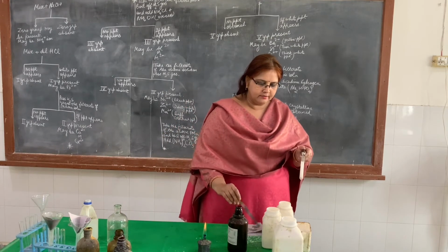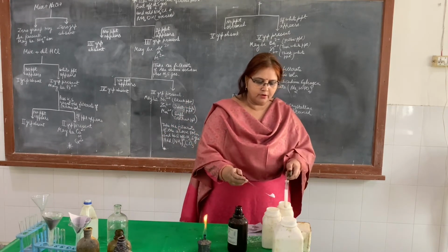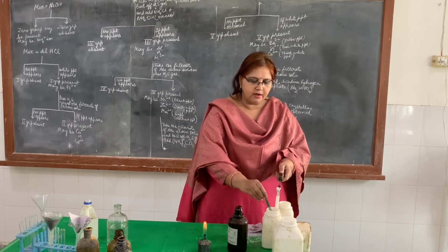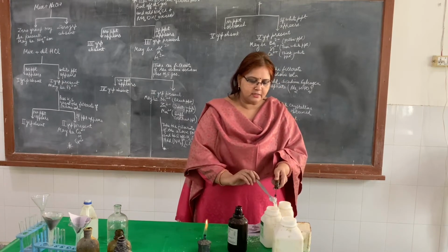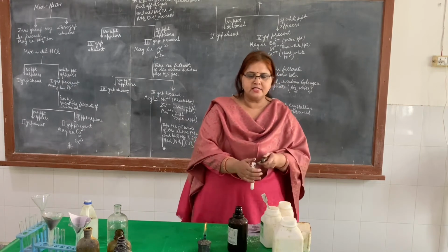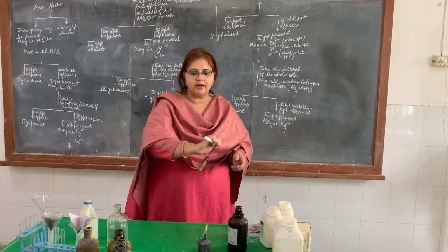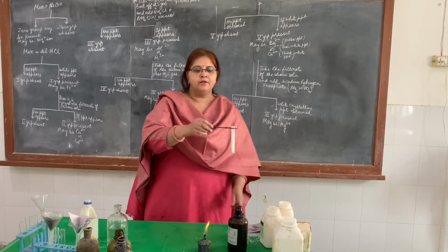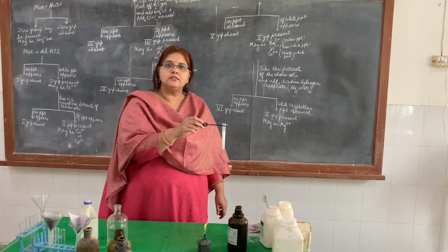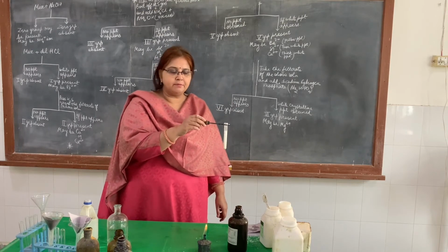And add ammonium carbonate. When we add ammonium carbonate, we should get a white precipitate. If we obtain a white precipitate after adding ammonium carbonate, we can say that group 5 is present. You can see the precipitate.